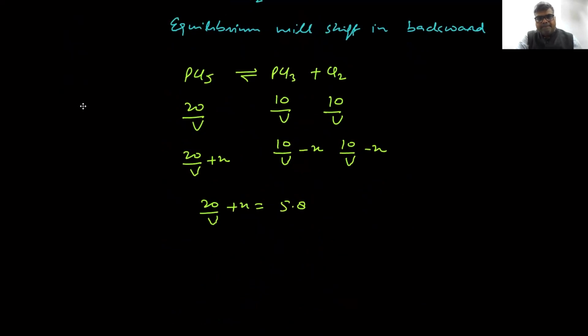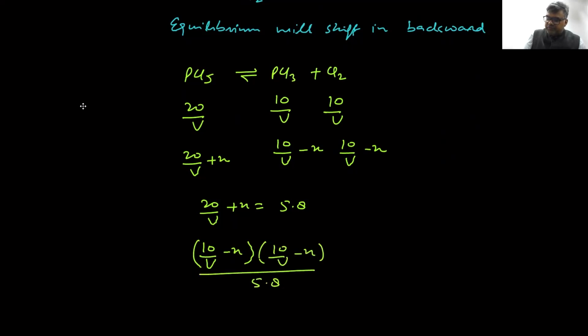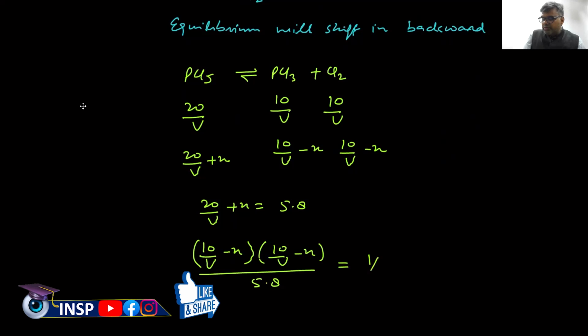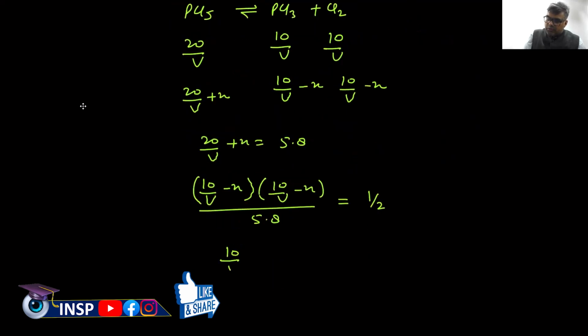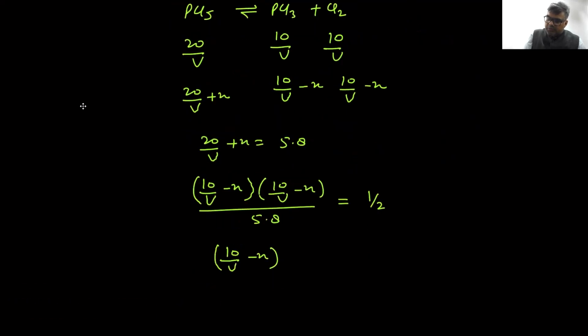Is that okay? And since the equilibrium has been restored again, it will be 10 by V minus X into 10 by V minus X upon partial pressure of PCl5, which is 5.8. This is equal to 1 by 2. So 10 by V minus X whole square must be equal to half of 5.8, which is 2.9.